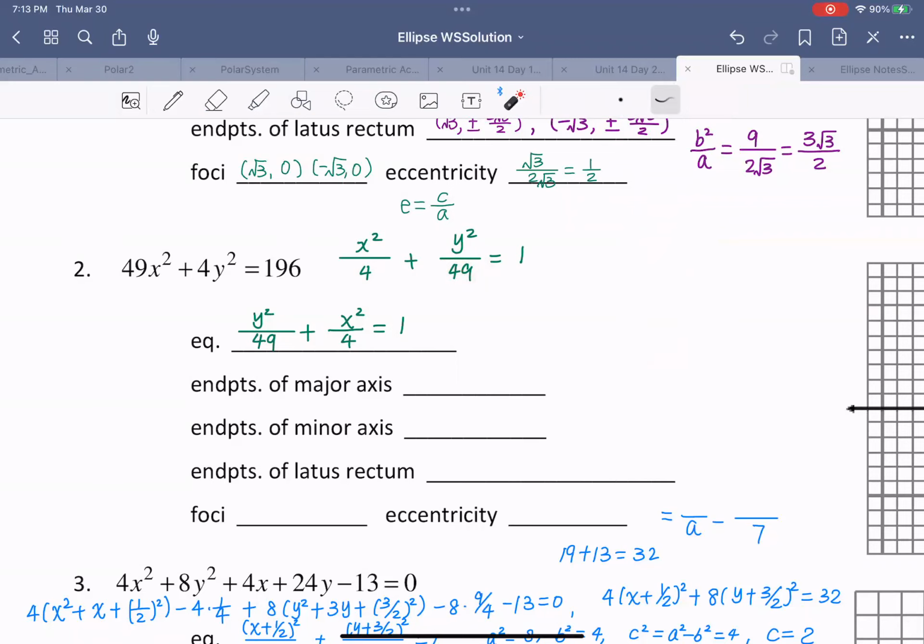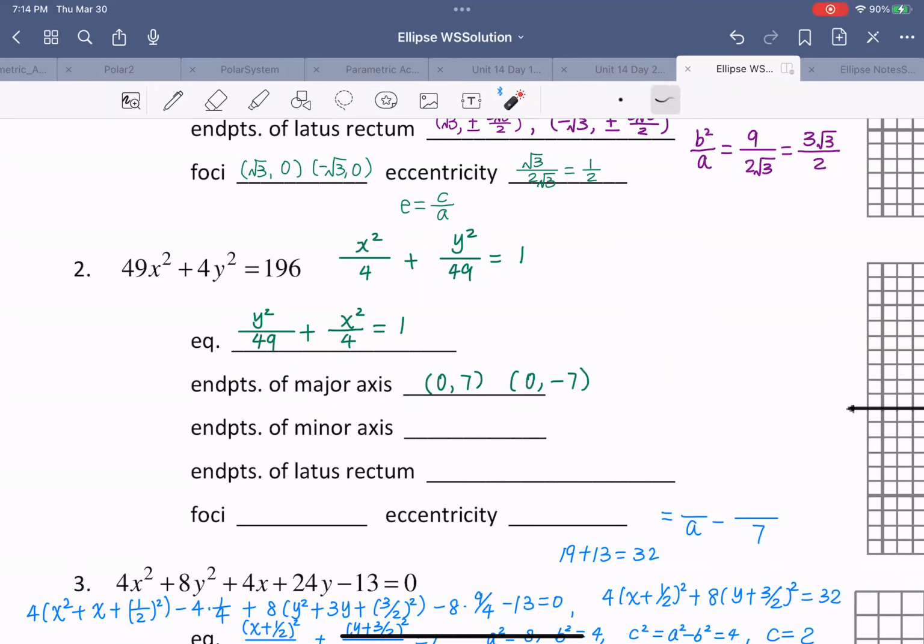So you want to treat this as b. This is b. This is a. Make sense now? Okay, so how do we do this? It is 7, because b squared is 49, right? So b has to be 7. So what's this point? 7, 0? Not 7, 0, okay. Make sense now?